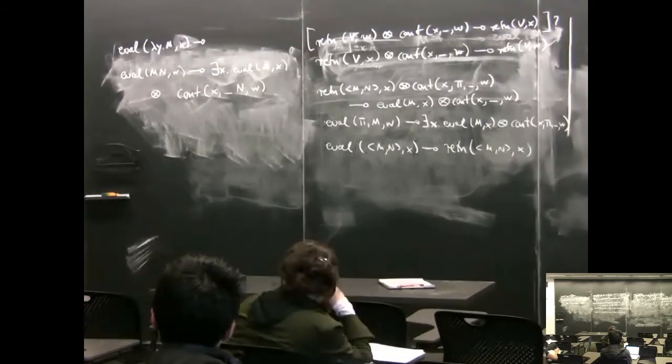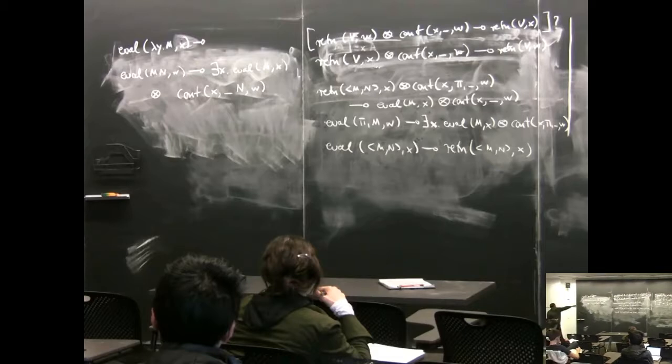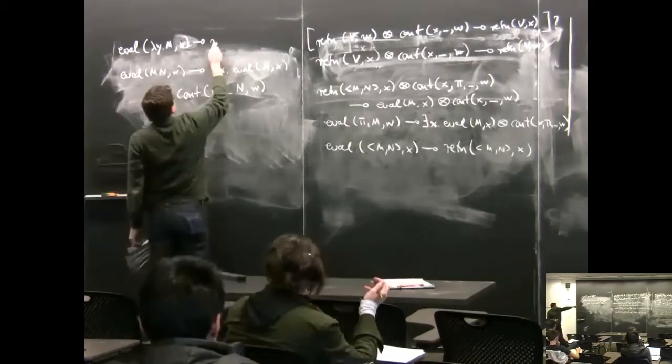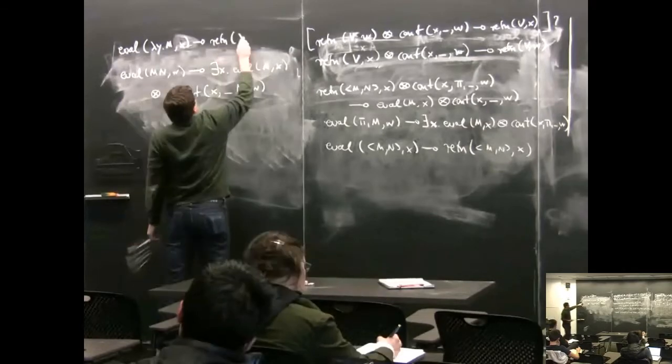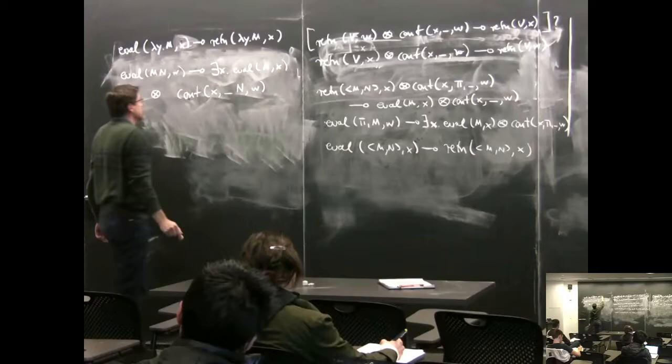In fact, in almost any functional language, a lambda expression is a value by itself. So we just return. In the interpretation of lambda x, the input y along x will happen when it interacts with the continuation. So we return lambda y dot M to X.